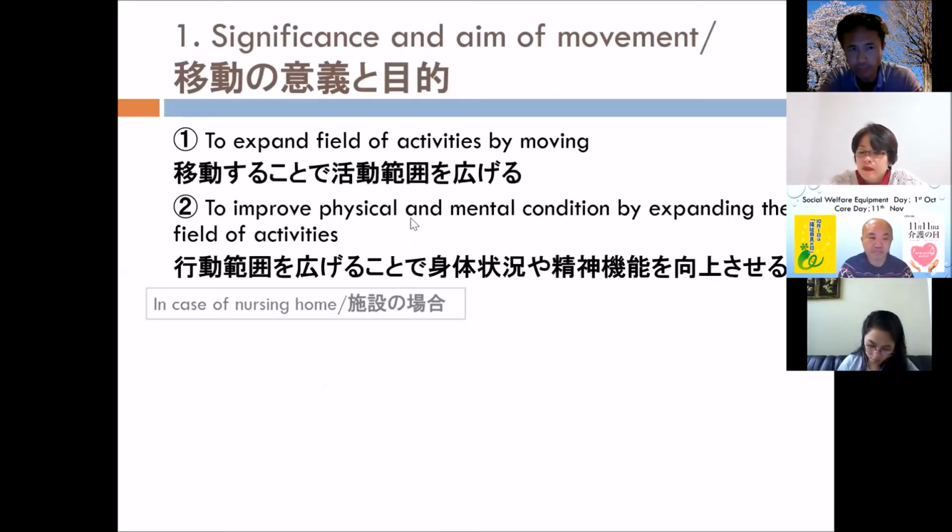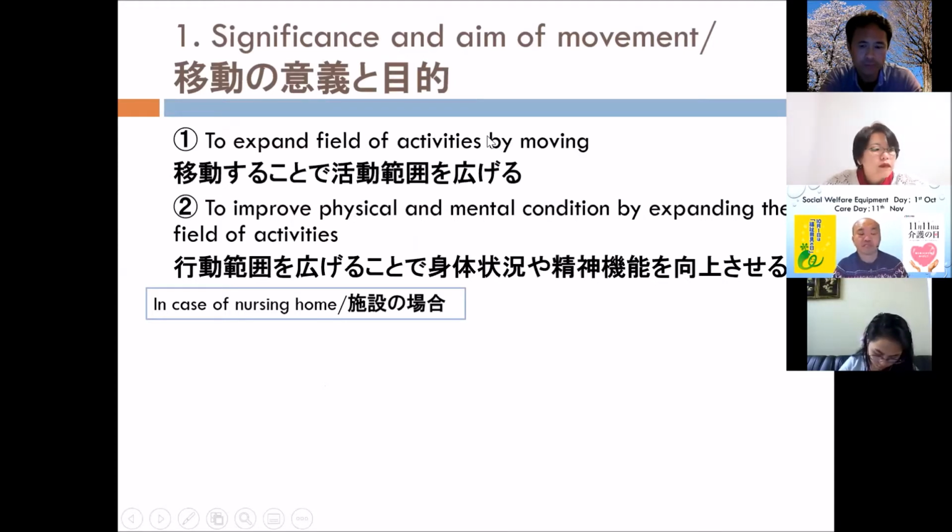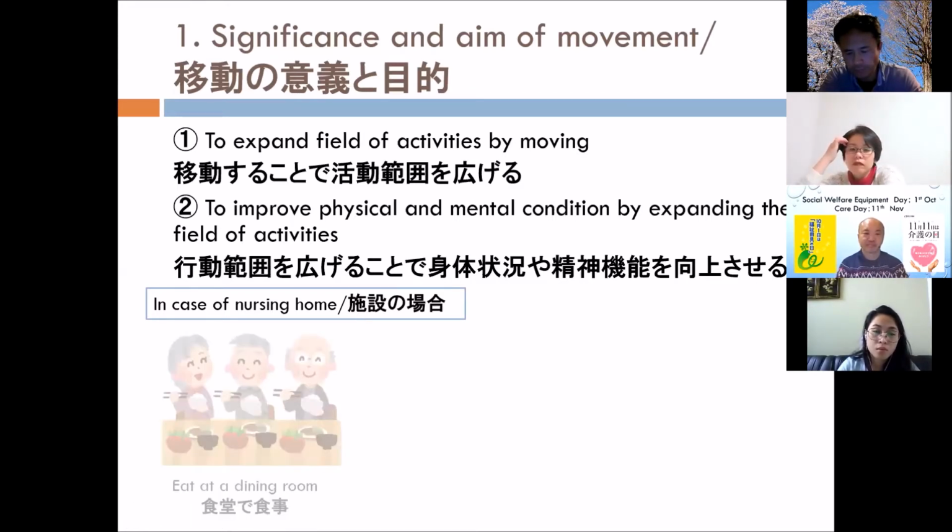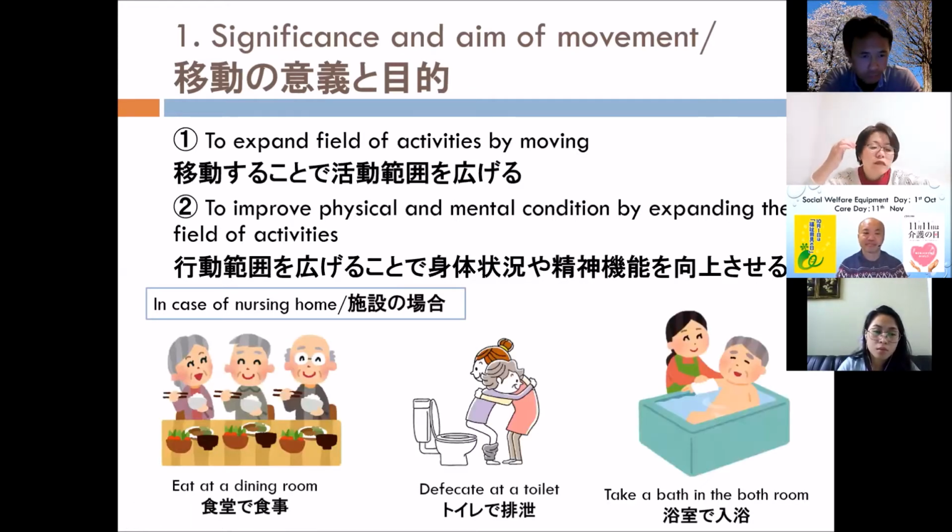Okay, the significance and aim of movement. First, to expand the field of activity by moving. Second, to improve physical and mental condition by expanding the field of activities. Now, people all over the world realize how important moving is, because like me, or the people living in the Philippines, we still have a lockdown.